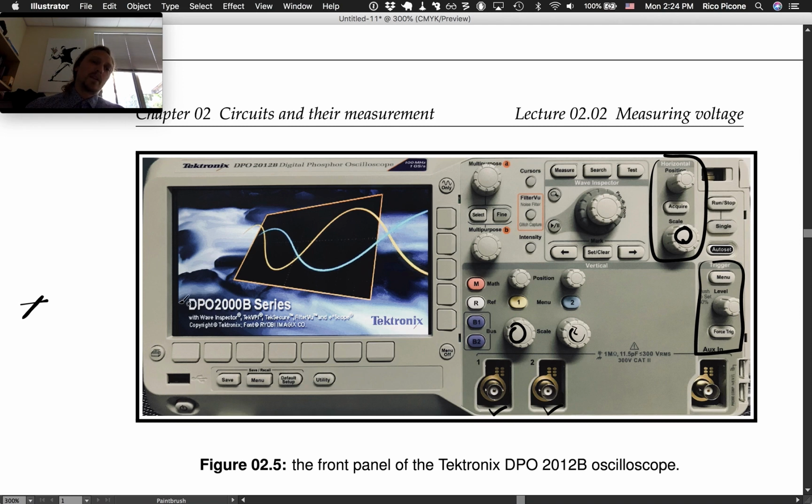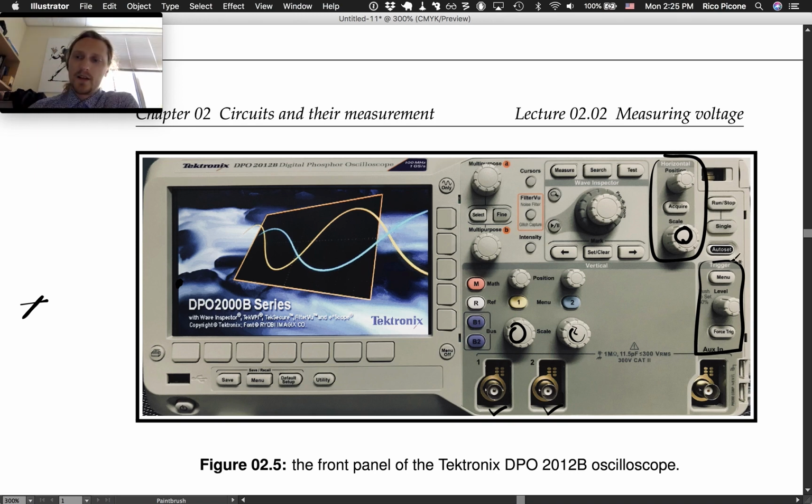Once that happens, you move the cursor back to the left of the screen, and it begins again. So it goes like that. The trigger mode can give you the ability to lock onto your signal so that it retraces itself.